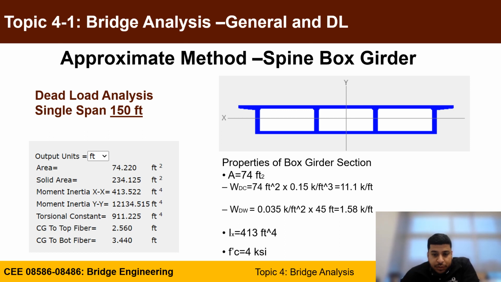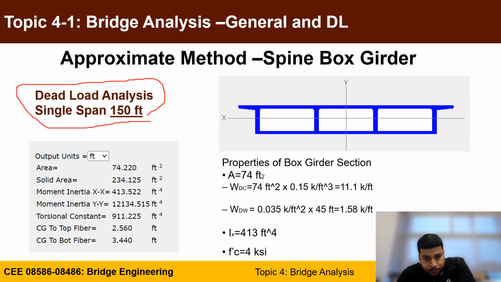This is the same example that we showed on the Bridge Automation website a few slides ago. The same cross section for a span of 150 feet. You got from this program that the area is around 74 feet squared.